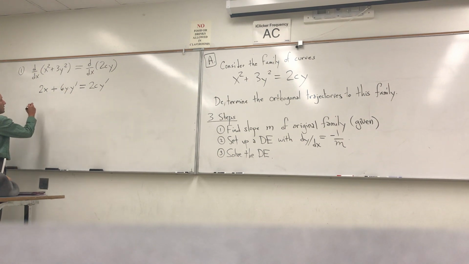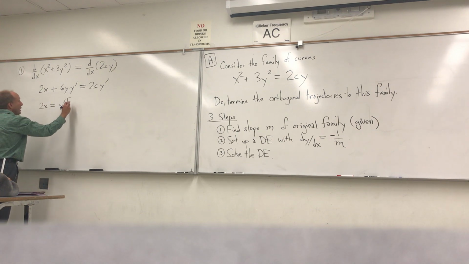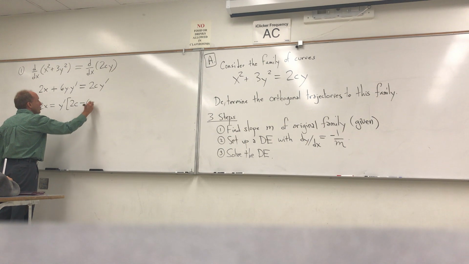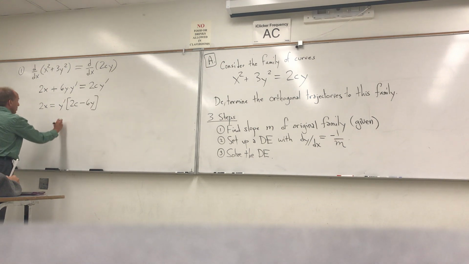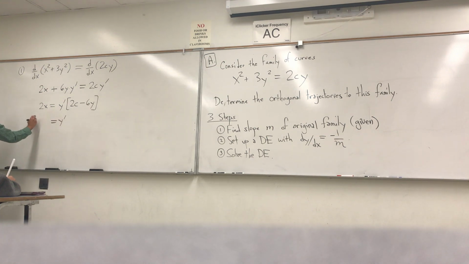So let's see, how's that going to look? I'm going to just put the y prime terms on the right side of the equation. So I'll subtract the 6y times y prime term to the right side. And so then I get y prime is equal to 2x over 2c minus 6y. And we can actually replace c.